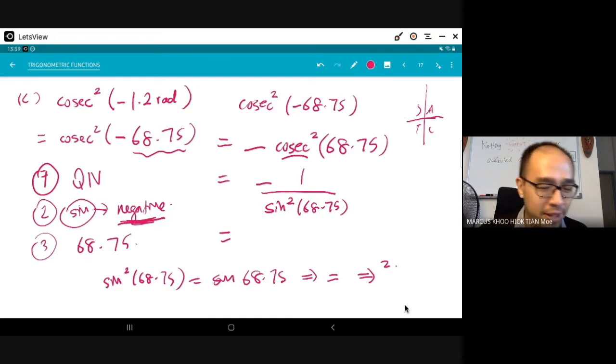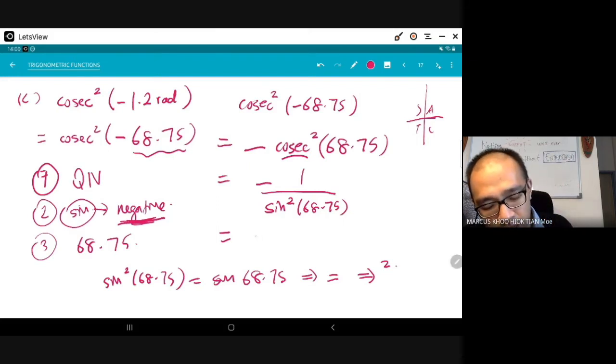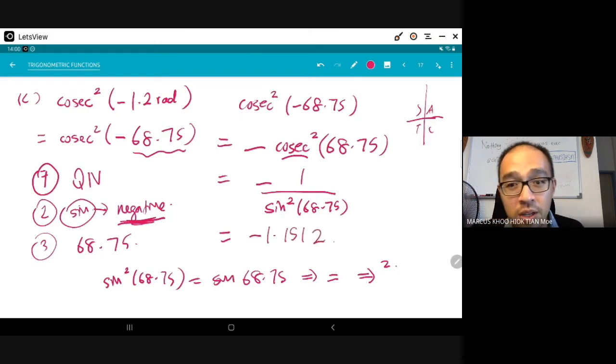Okay, I know where I made the mistake already, but I will show you in a while. So Yong's answer is negative 1.1512, which is true, except that I forgot to mention one thing.